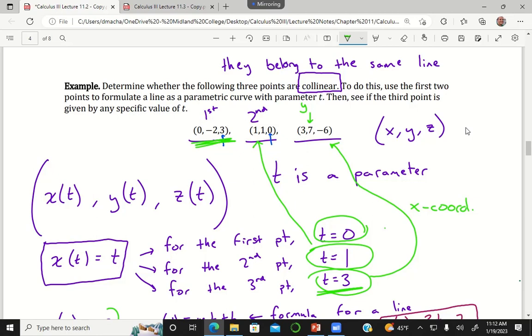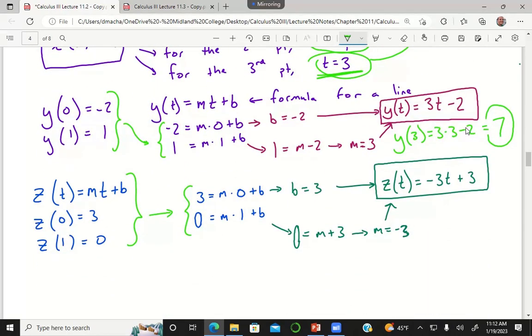The last thing is if these points are going to be collinear, then my z of 3 function has to give me a z-coordinate of -6. So again, let's take this z function, plug in t equals 3, and I have z of 3 is -3 times 3 plus 3.